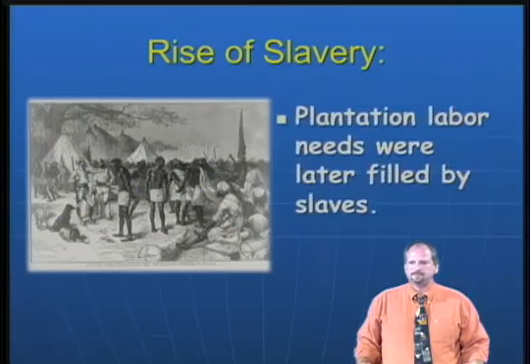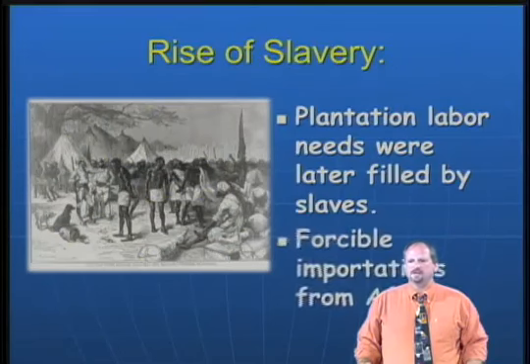However, the plantation labor needs later needed to be filled by slaves. The vast amount of labor required to run a tobacco, a sugar, an indigo, or a rice plantation could not be filled by indentured servants. And the southern colonies turned to the African slave trade.